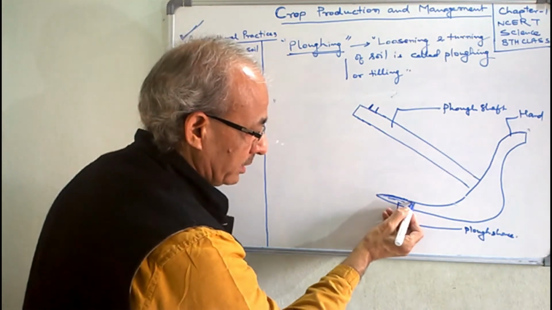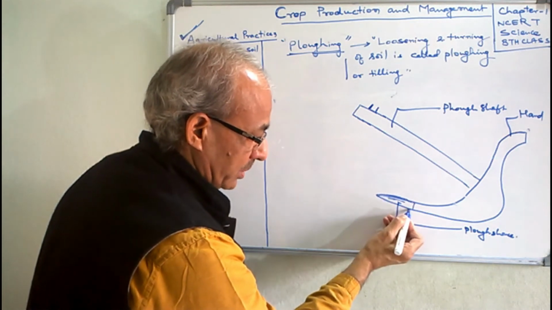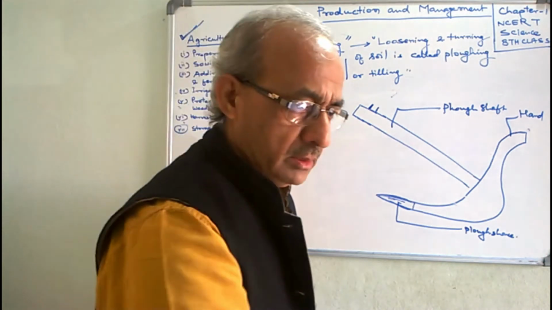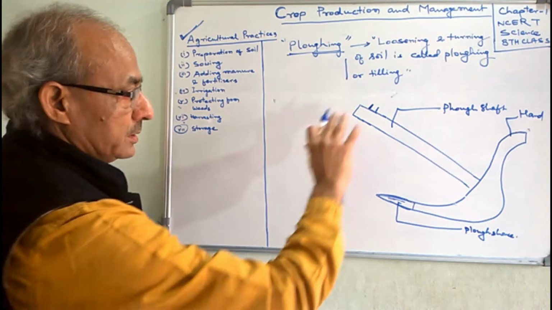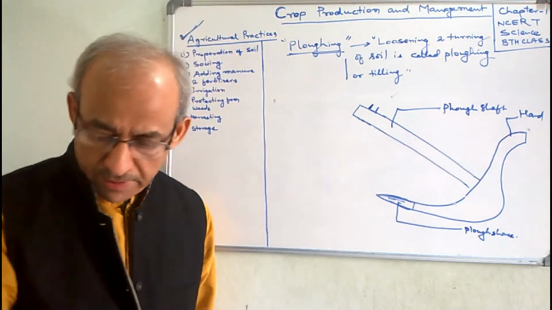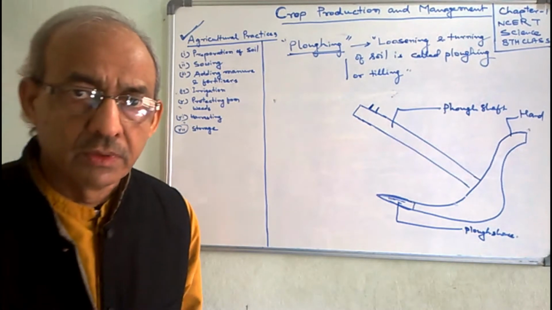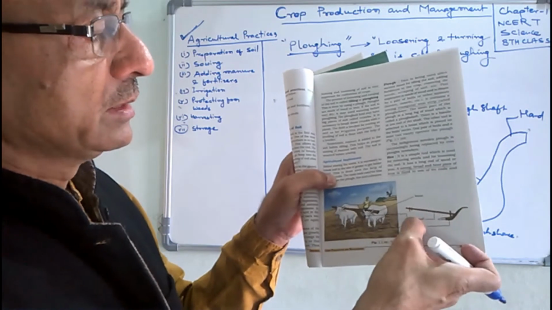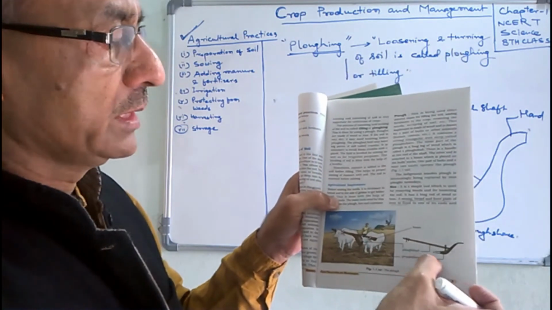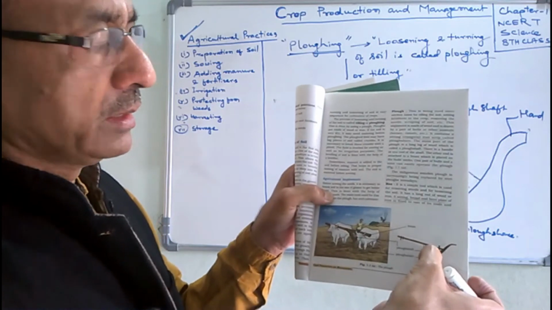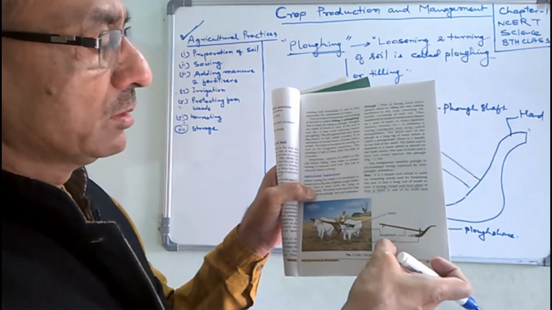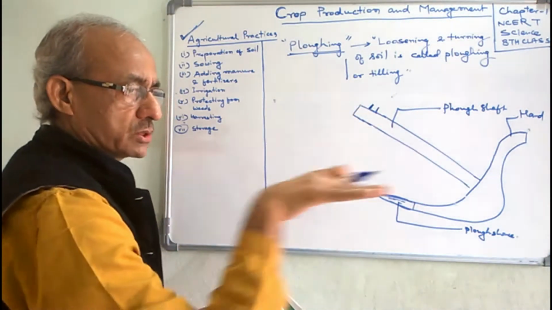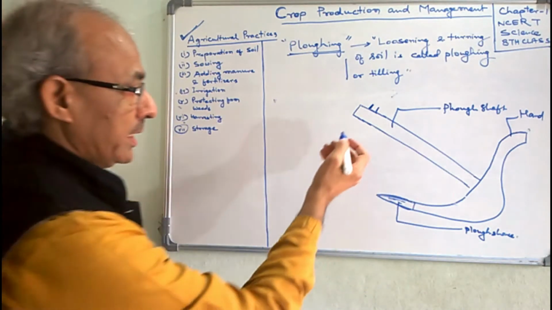This is the triangular strip by which the field, the soil, is dug. This is the traditional plough, and there is a diagram in your book also. You may see here. This part is the shaft, and this triangular part made of iron is called ploughshare. And this end is fixed on the shoulder of the bull by another shaft.